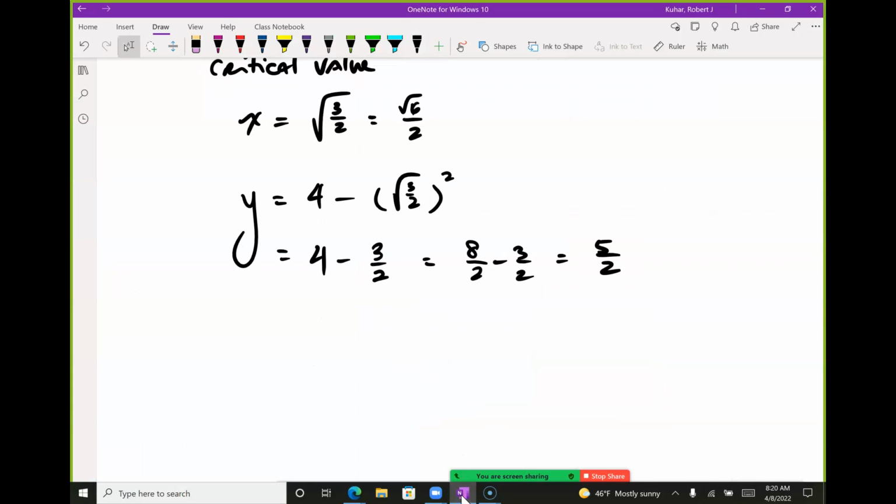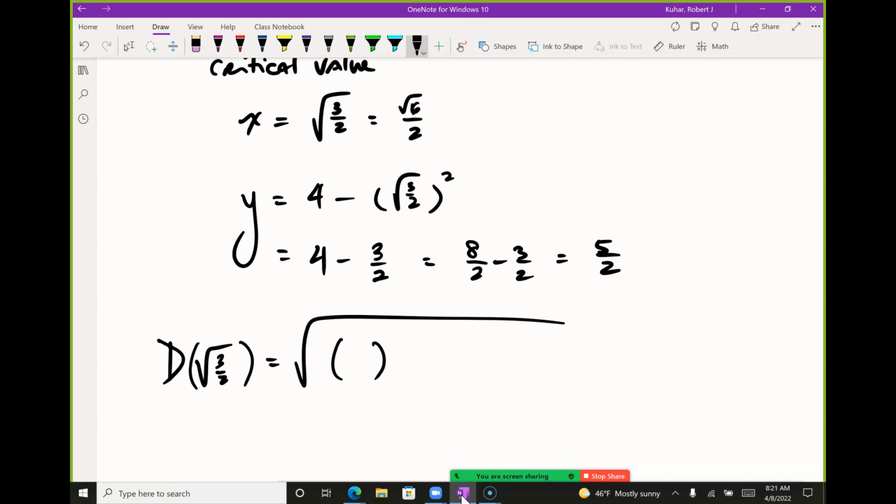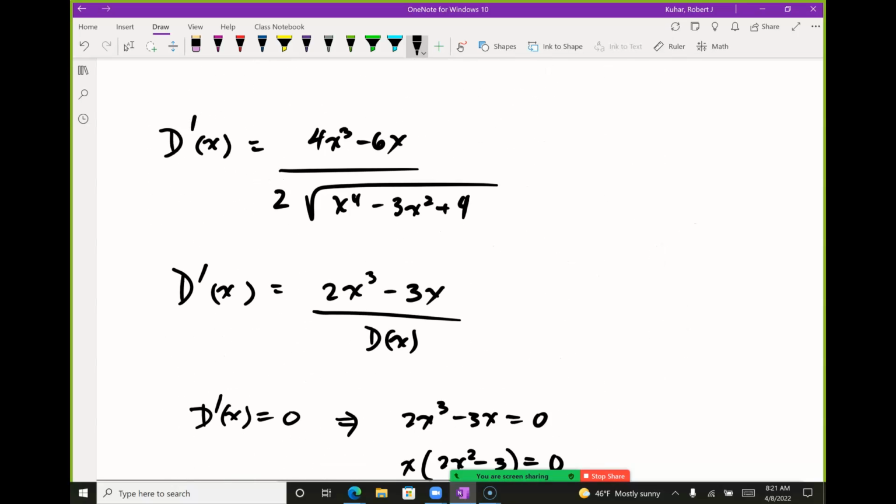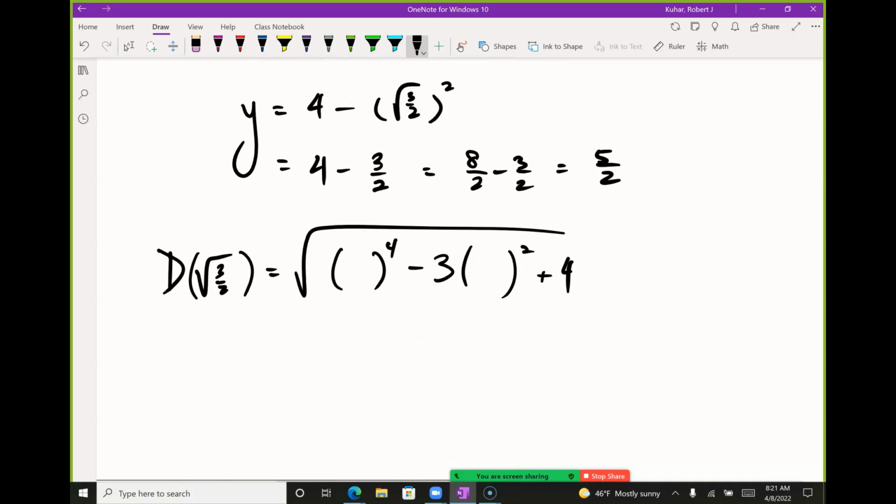So, let's find our distance. Distance at square root of 3 halves. I had x to the 4th minus 3x squared plus 4, I think, at least. Let me look. Yeah. And I'm putting in my square root of 3 halves there, which is nice because I've got a 4th power and a 2nd power.